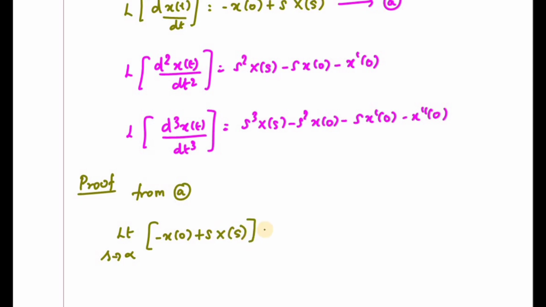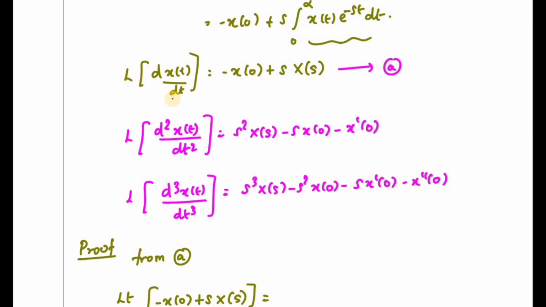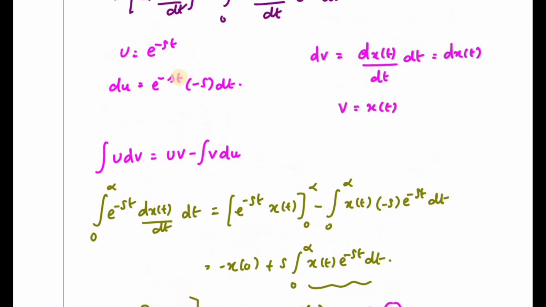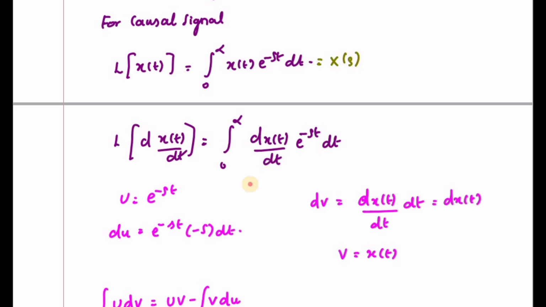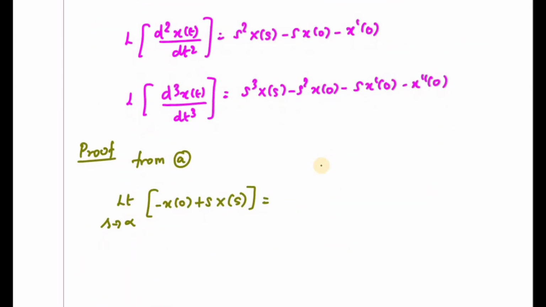So what is the formula for this? The formula for this one is here, so I'm going to substitute and take the limit as s tends to infinity of the integral from 0 to infinity of dx of t divided by dt e power minus st dt.